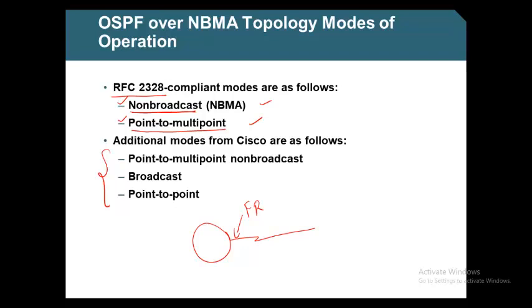You may switch to PPP, but PPP cannot support long distance. You need frame relay or MPLS, something like that. MPLS is not our focus. We are focusing on non-broadcast. So frame relay, X.25. These are the examples for non-broadcast.